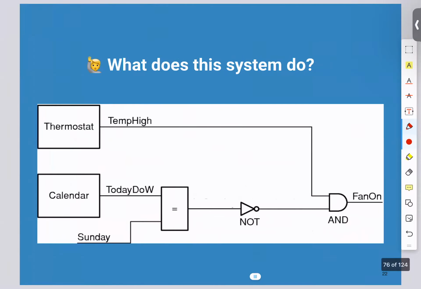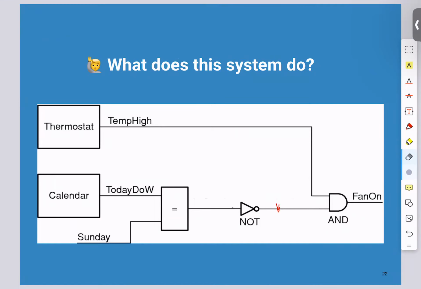So let's look at this example. I have, again, this system. I have a thermostat, and there's a calendar which is telling us the day of week. This thing compares the two, so it outputs a 1 if the day of week is Sunday. Then this guy is saying the day of week is not Sunday. It is a function which inverts the logic.